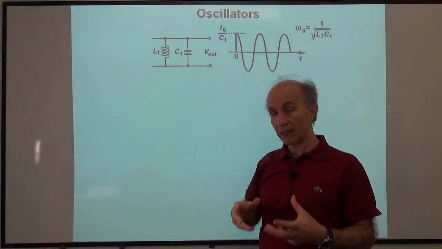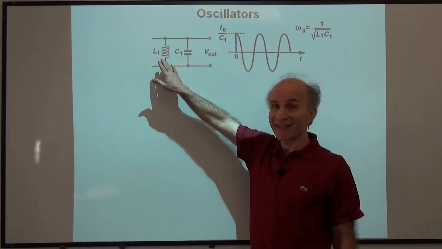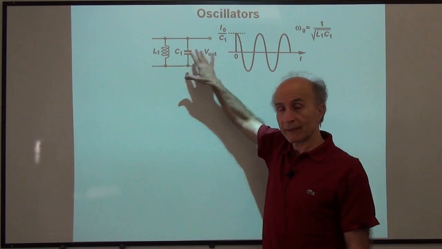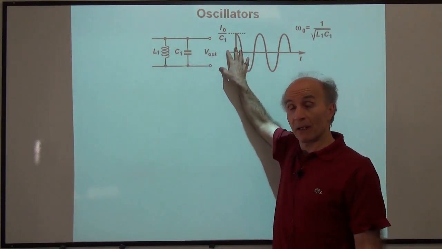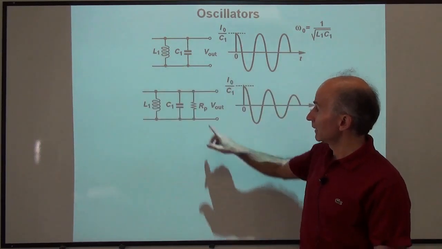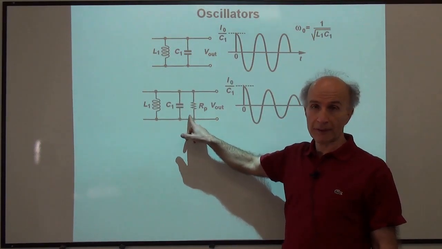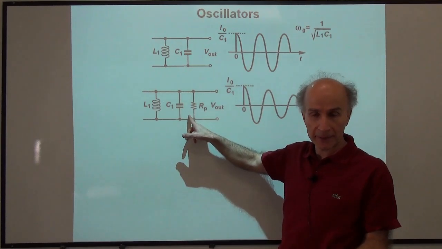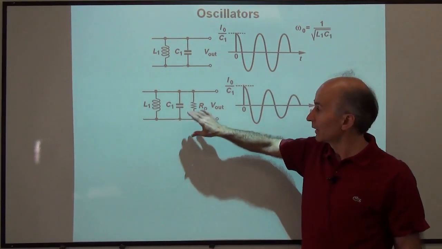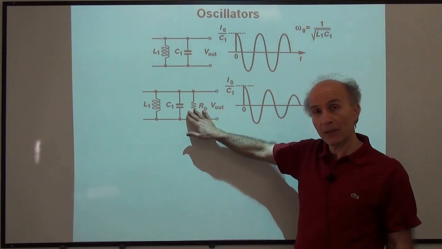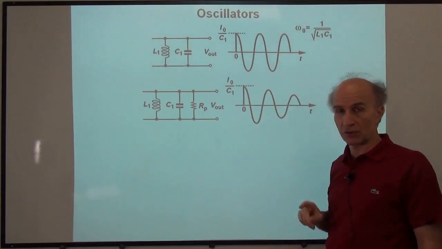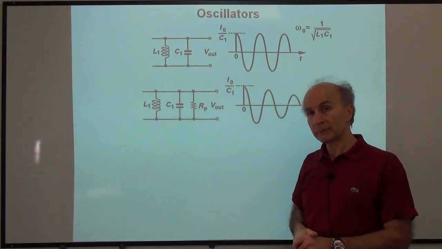But then we saw that in reality, there are some resistive losses in these components that do not allow this waveform to run indefinitely. So in practice, if we build that circuit, there is some resistive loss, which we just model for simplicity by a parallel resistance. And as a result of this heat dissipation in this resistance, we see that the waveform decays and eventually dies away.